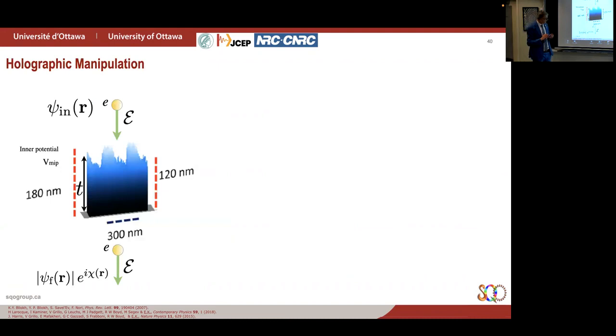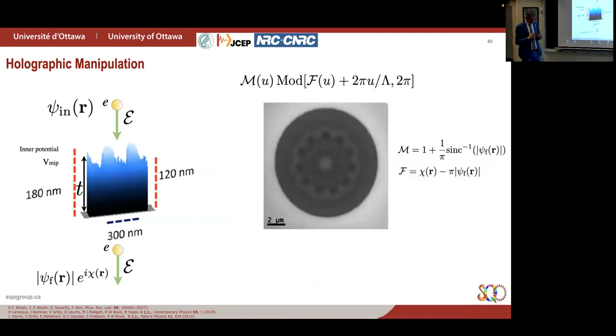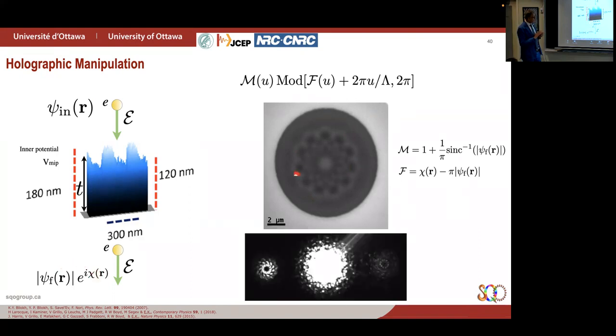I will try to be quick. Why is this important? Because you can create any electron wave function that you want. For example, you can create a really complicated hologram which shapes both the amplitude and phase of the electron, and the result has a certain P value and a certain L value.